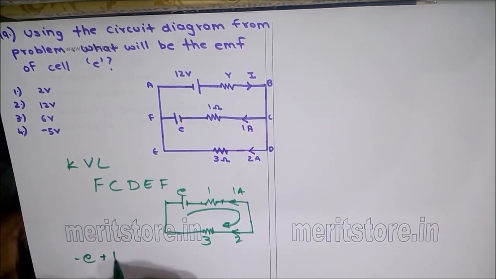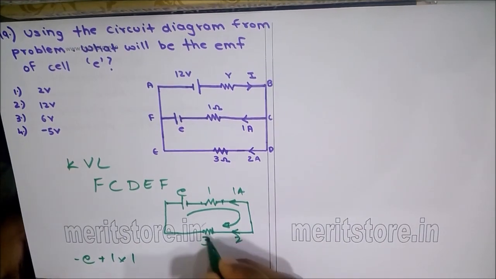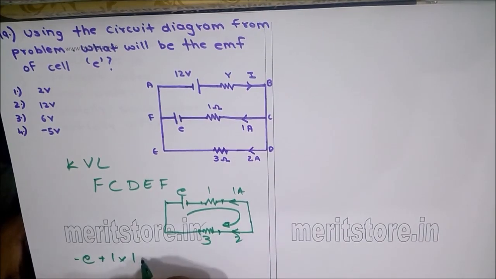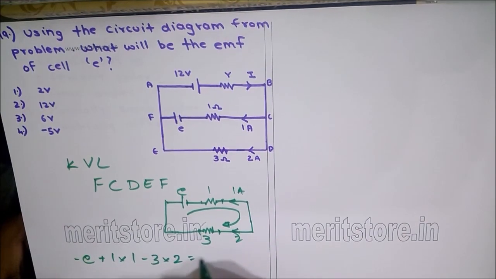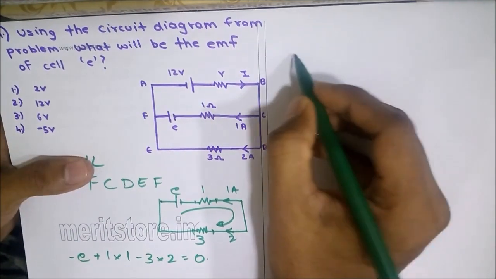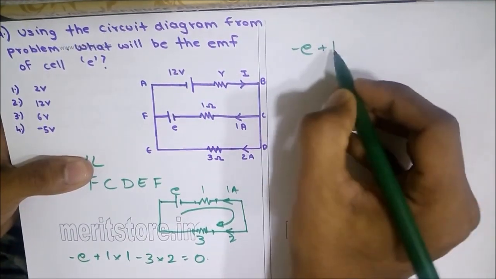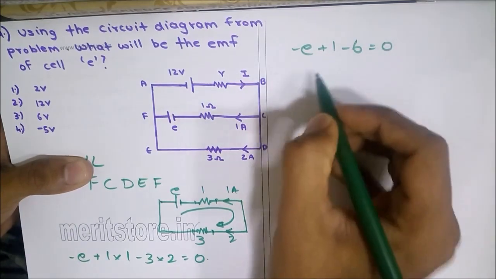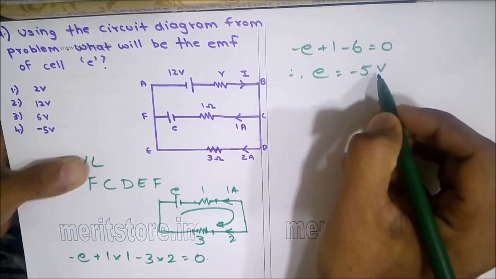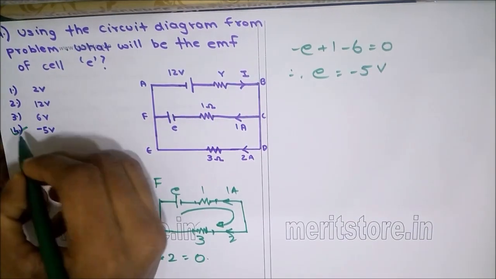So plus 1 ohm into 1 ampere. For the 3 ohm resistor, the current over here is flowing from higher potential to a lower potential. So there is a drop in potential. So minus 3 ohms into 2 amperes is equal to 0. So this can be written as minus E plus 1 minus 6 equals 0. Therefore, E becomes minus 5 volts. So option number 4 is the correct answer.